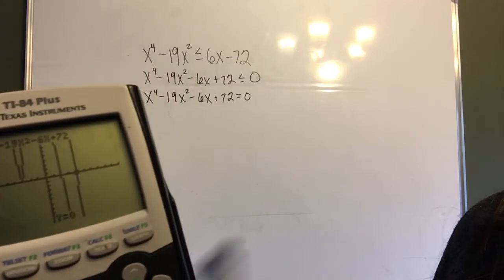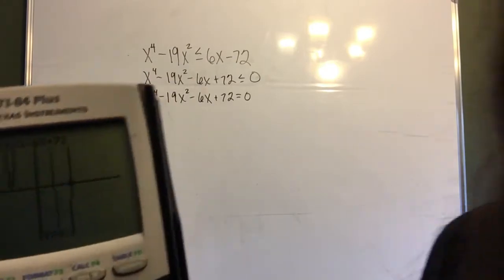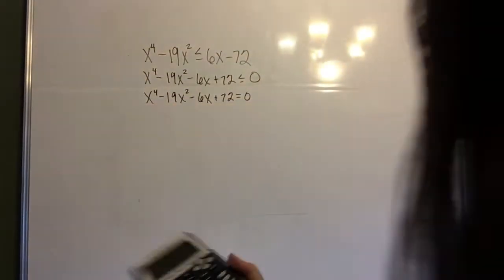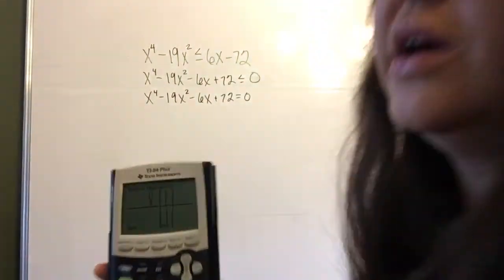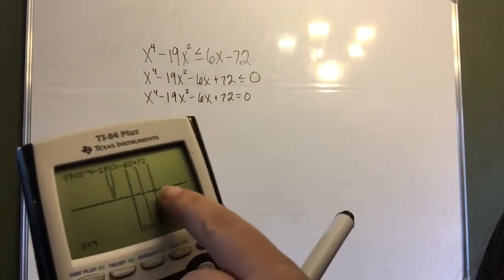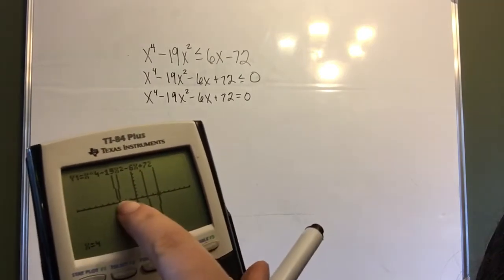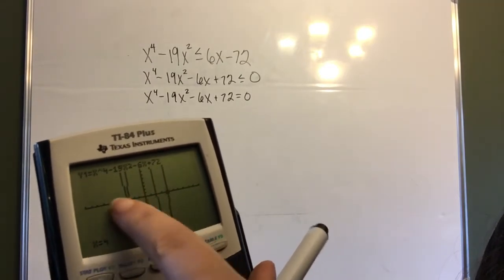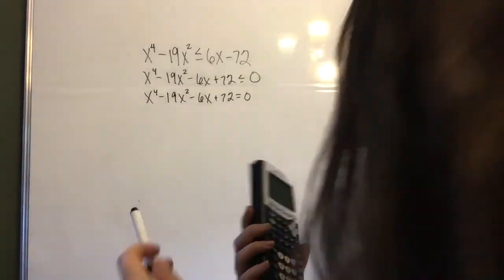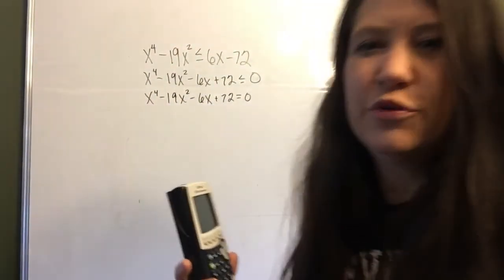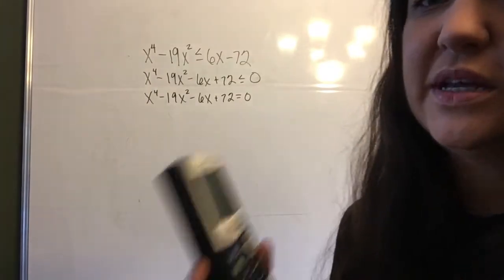Remember, that means it has a multiplicity of 2. So we know that we found all of the zeros because we have a 4th degree polynomial, and if we add up the zeros, we have found 1, 2, and then this one counts as 2. So we found 4, and that matches. We can't have any more zeros than the degree itself.